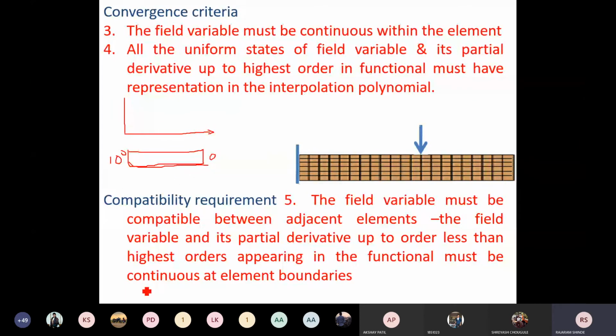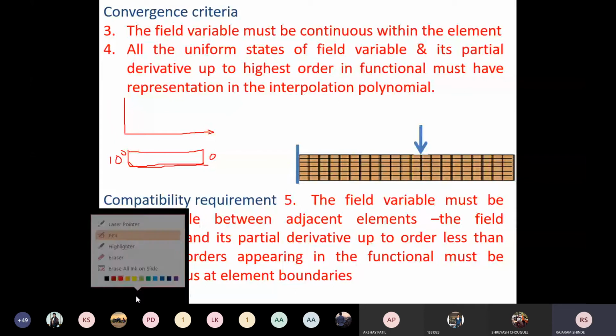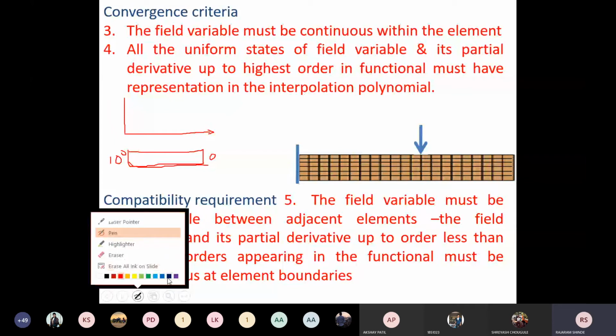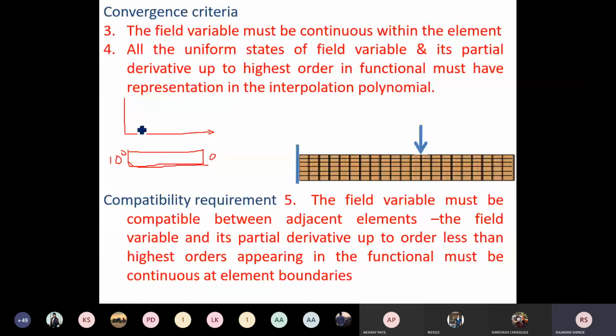Okay. Now see here, if the temperature variation is linear, means when we plot temperature versus length, then from 100 to 0, that variation should be like this, continuous. Am I right? That variation should be continuous. That means it is decreasing continuously from one end to the other end.